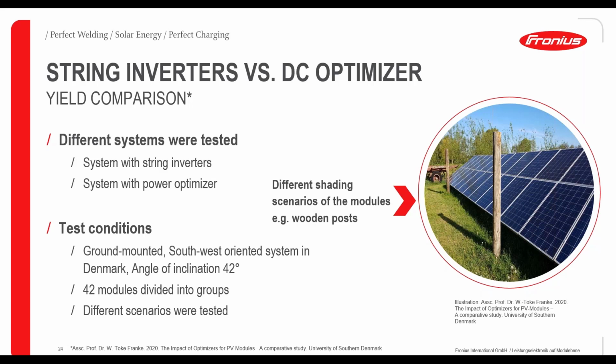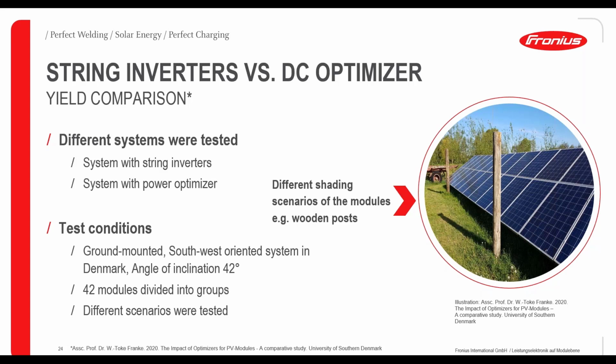This professor here compared different systems. On the one side, a string inverter, on the other side, systems with power optimizers. And they did different shading scenarios of the modules. For example, like in the picture we can see on the right, with wooden posts and with partly covered and so on.